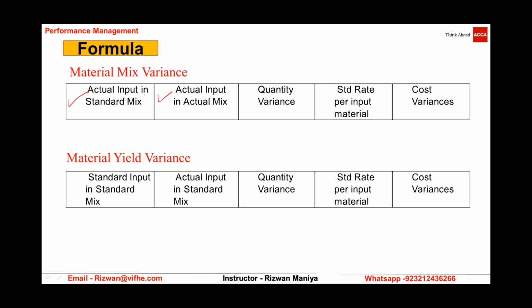I'm putting numbers here, 1, 2, 3, 4, and 5, to give you the idea of the sequence I will follow. First I will find actual input in actual mix, then actual input in standard mix, and after that the differences will be worked out.